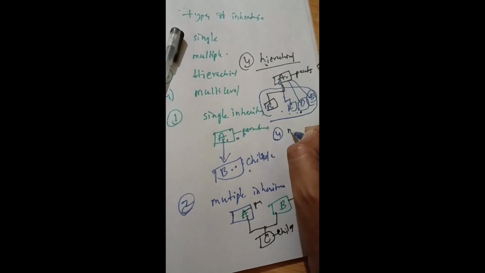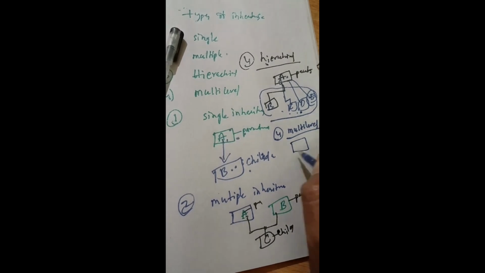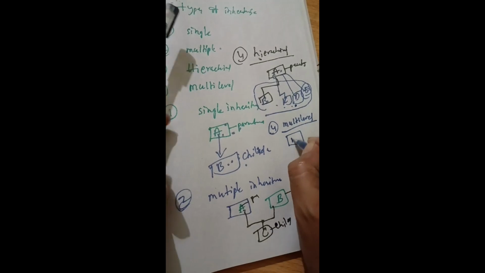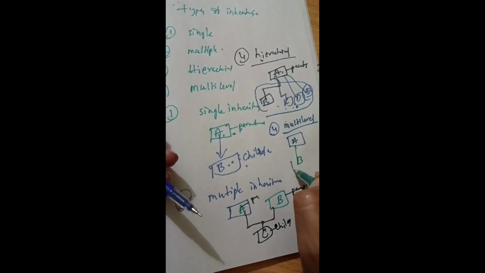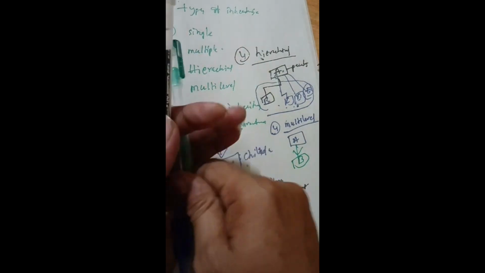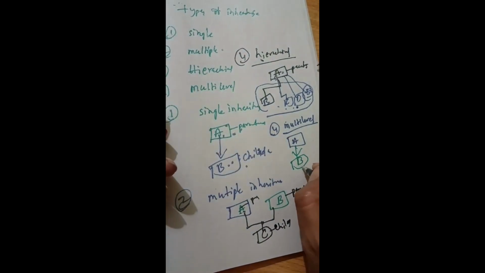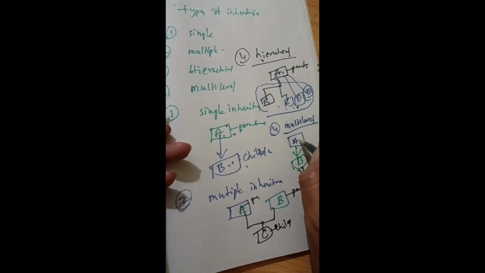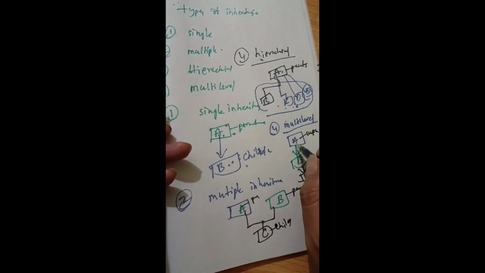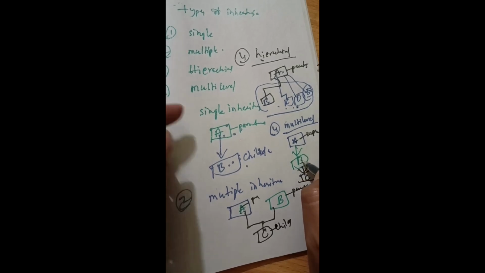The next one is multi-level inheritance. It means there is one parent class A, and B is created from it, and from B, C is also created. A is the superclass, B is the child class.